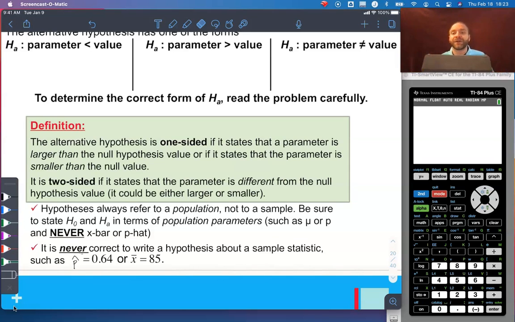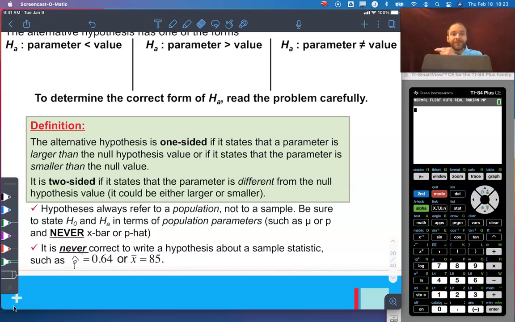What that means is the parameter is either larger than the null hypothesis, or it states the parameter is less than the null hypothesis. If it is two-sided, all we care about is that there is a difference, and we don't care which tail it's in. We don't care if it's larger or smaller. So that has two tails in it.